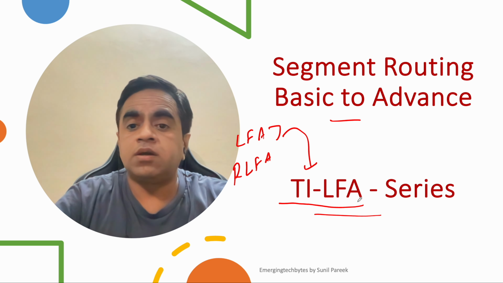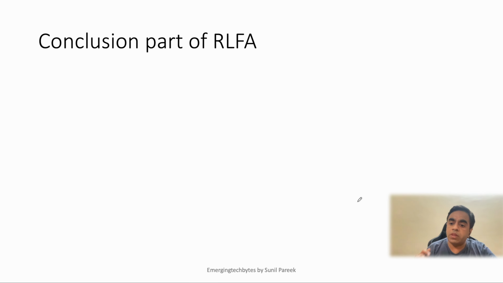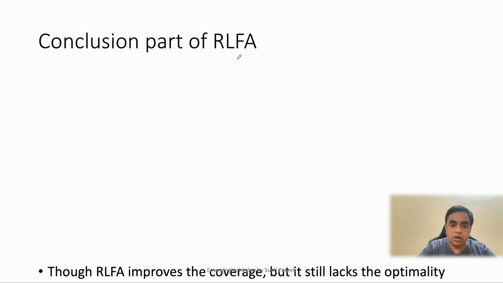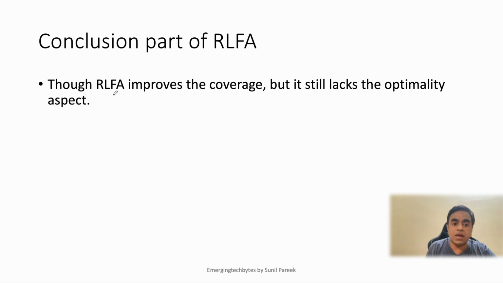If you recall, in the conclusion part of remote LFA, I said that though RLFA improved the coverage that LFA has provided to us, it still lacked the optimality aspect. What does that mean? I will give you a reminder in this video, but I highly encourage you, if you haven't watched part 1 and part 2, to go and watch those and then come back.